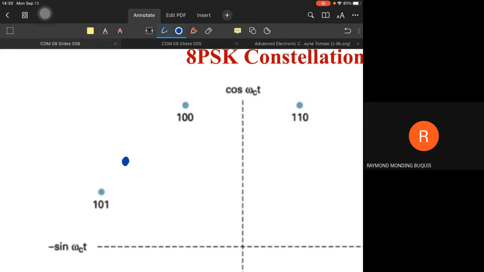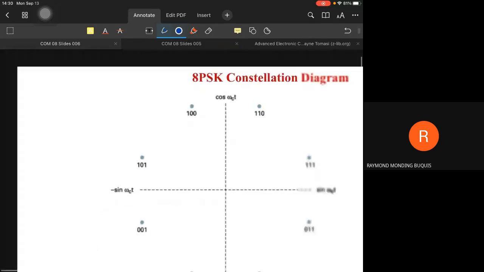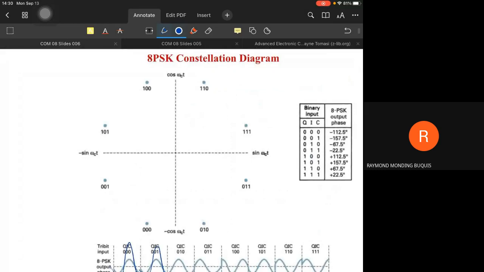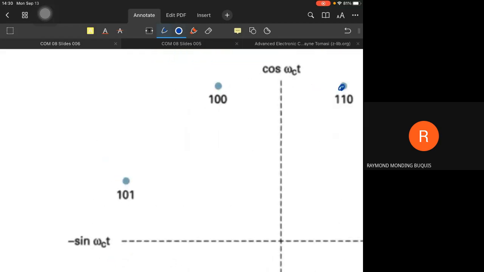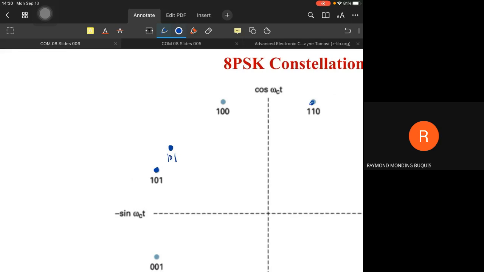So how would the receiver translate that? If it were exactly received, it would land exactly on one of these 8 positions. But we cannot expect it to land exactly on 101. It might land over here, and the receiver would still read this one as 101, within its range of tolerance.